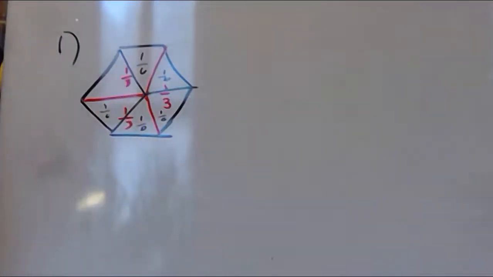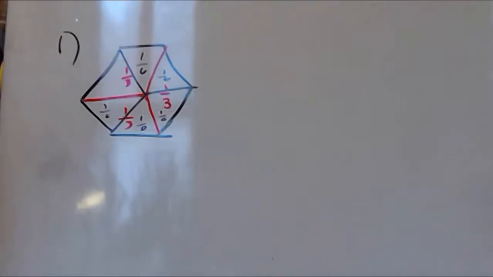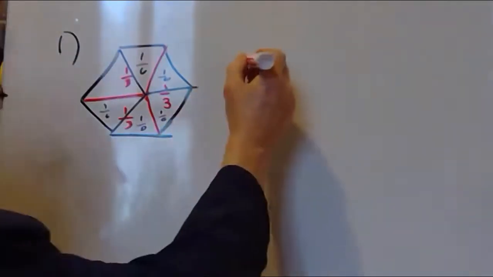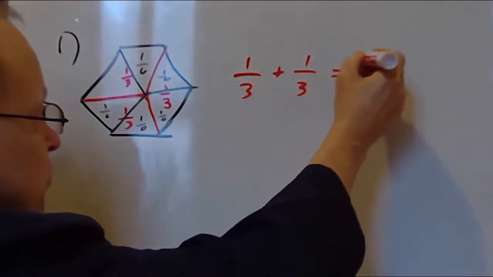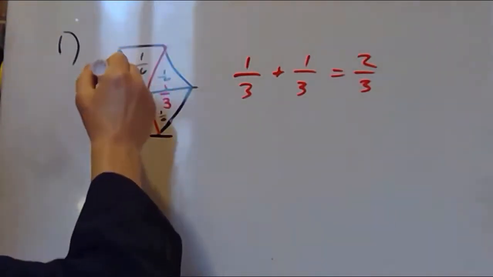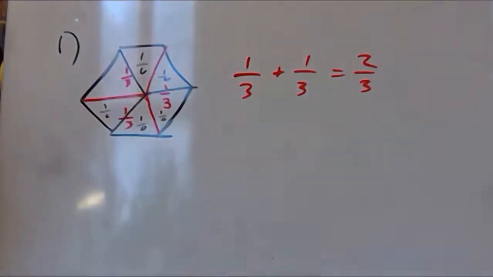So if we were to have 2/3 of a hexagon, this would be 1/3, 2/3, the red ones. So 1/3 plus 1/3 is equal to 2/3. And then if we look at it, we have 1, 2, 3, 4, 4/6 inside there.